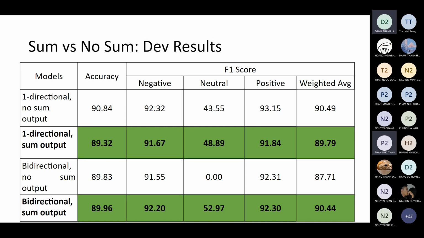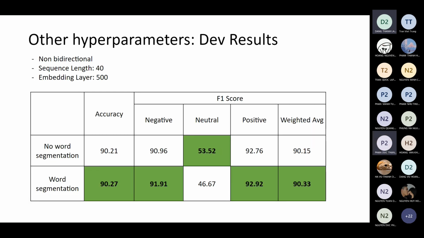And we also tuned other hyperparameters. For example, here we found out that non-bidirectional is the best hyperparameter, with a sequence length equal to 40, and an embedding layer is better than the one-hot representation, with a layer dimension of 500.